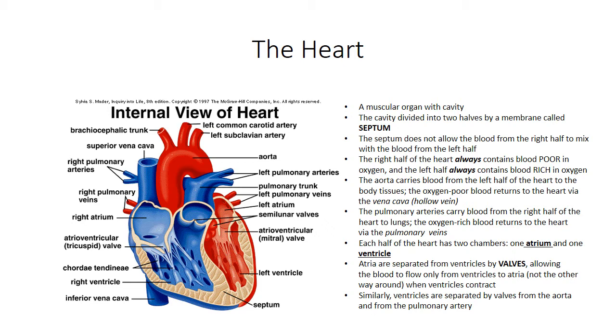Then veins collect the blood, which is already poor in oxygen, and veins bring it back to the heart. This time, the blood goes into the right half of the heart, and from there, it goes into the pulmonary arteries, which bring it to the lungs, and lungs enrich it with oxygen, and then it flows back to the left portion of the heart.